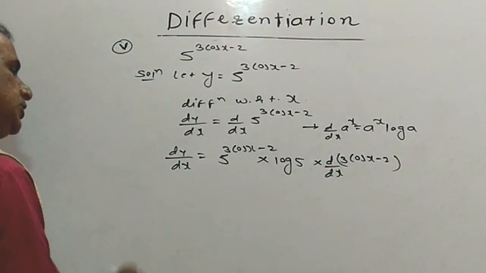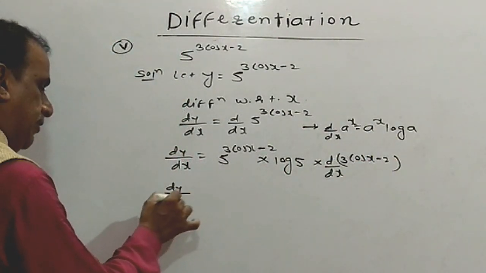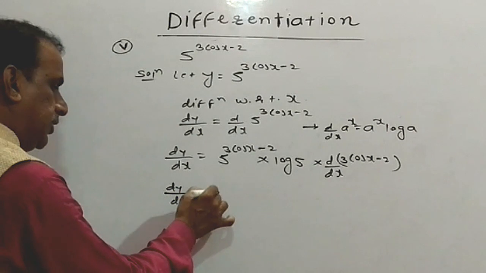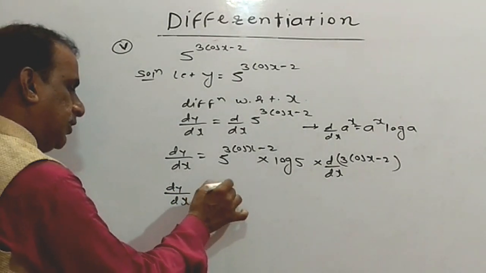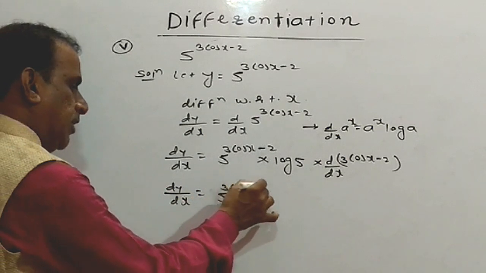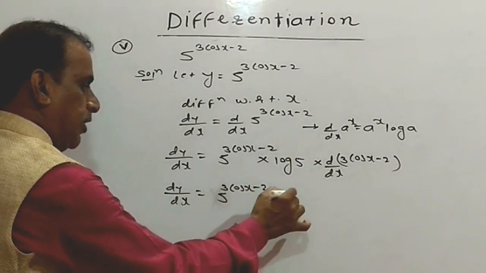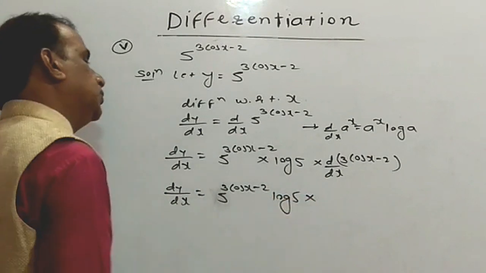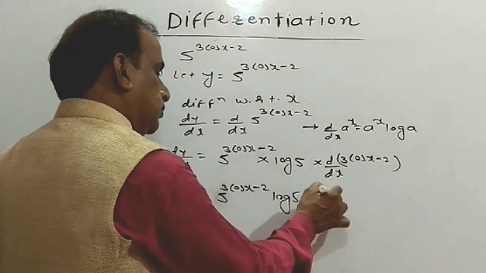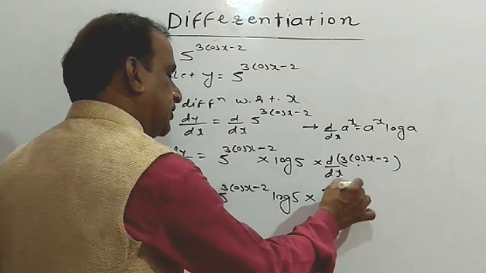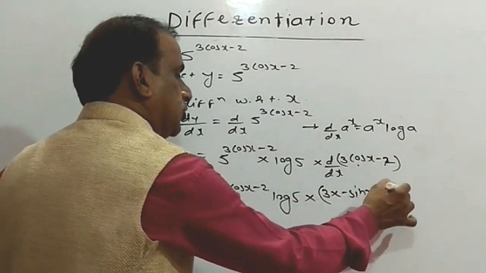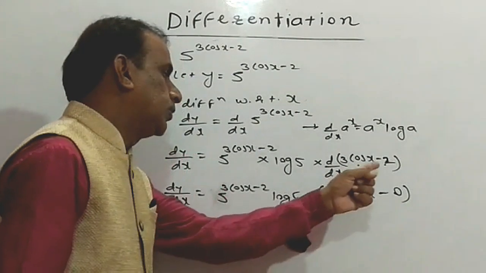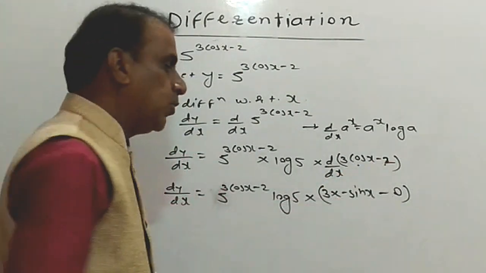So dy/dx is equal to 5 to the power 3 cos x minus 2 into log of 5 into 3 into the derivative of cos x, which is minus sin x, minus the derivative of 2, which is 0. The derivative of a constant term is 0.